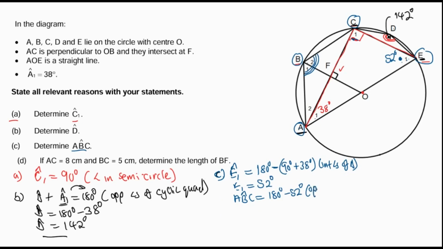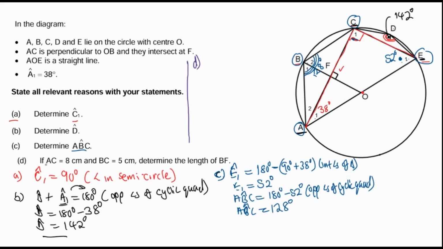Opposite angles of cyclic quad. Angle ABC is equal to 128 degrees. So this whole angle, B1 and B2, is 128 degrees.